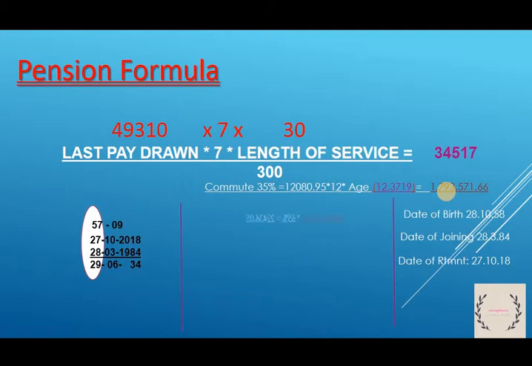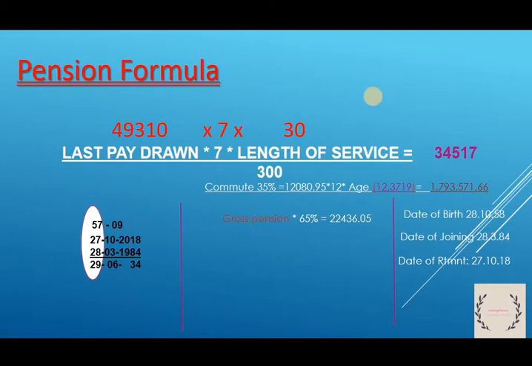And further, we are going to draw the net pension with the help of GP, or gross pension, at 65% in all similar cases except death case, which is 75%.